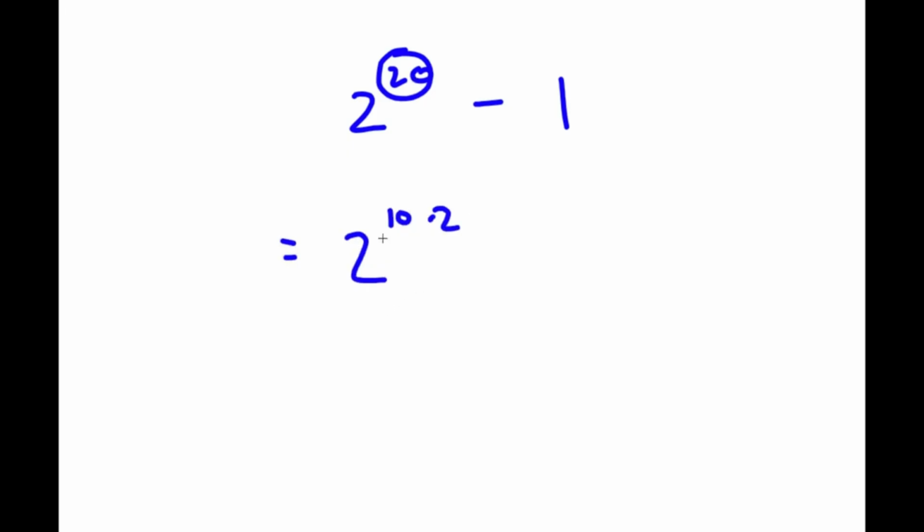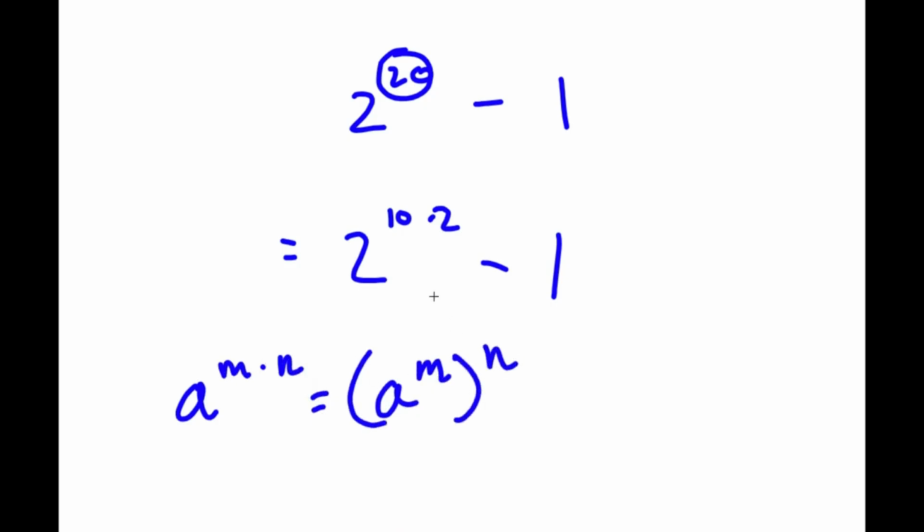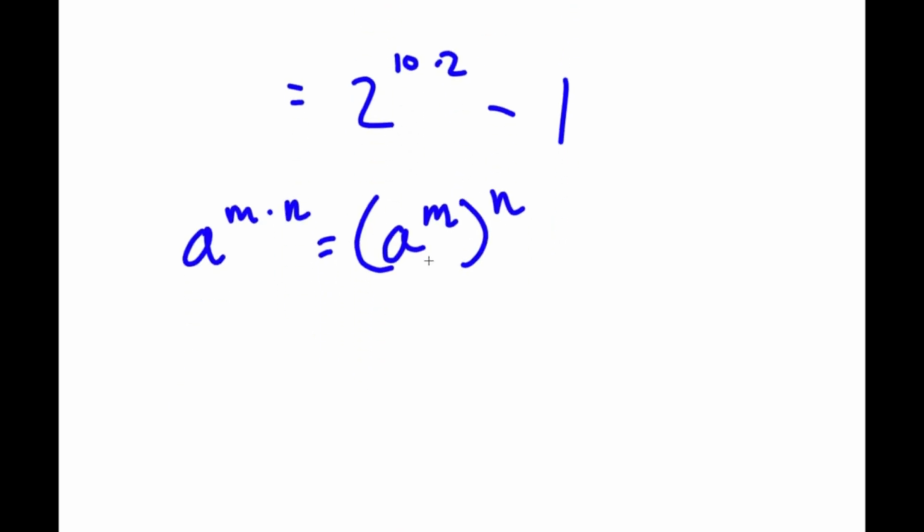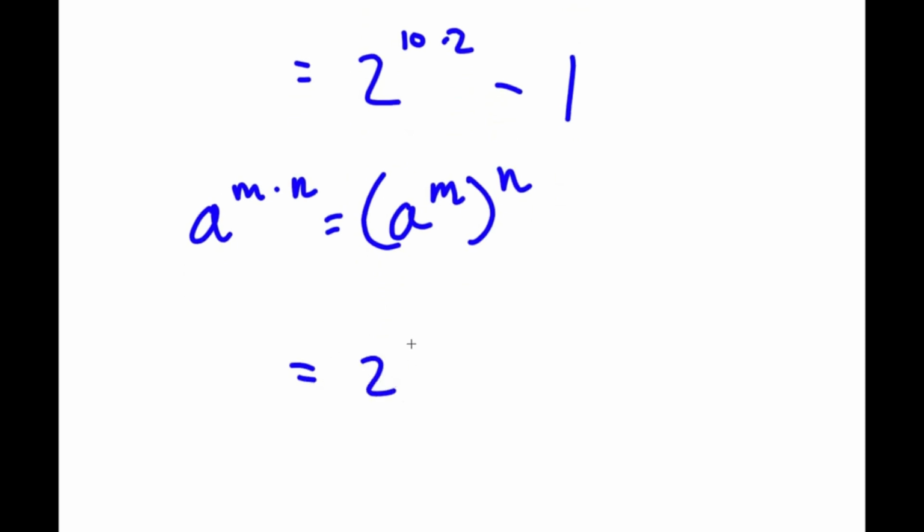So now I have 2 to the power of 10 times 2 minus 1. Now, if I have something in the form a to the power of m times n, this is the same thing as a to the power of m to the power of n. So 2 to the power of 10 times 2, I can rewrite as 2 to the power of 10 to the power of 2. Now I have this minus 1.